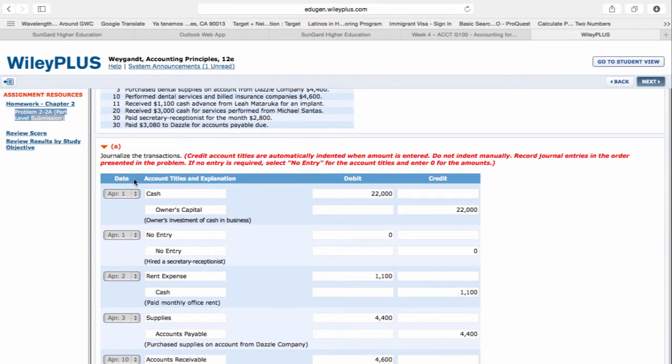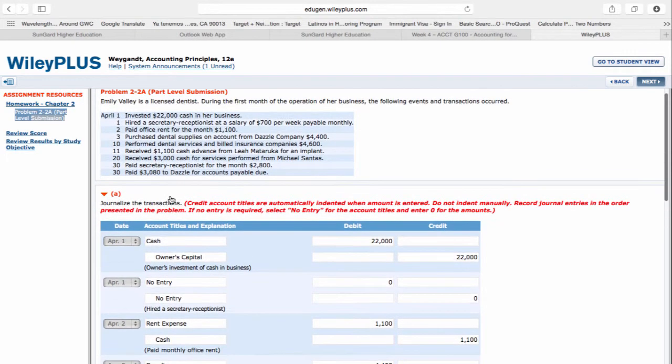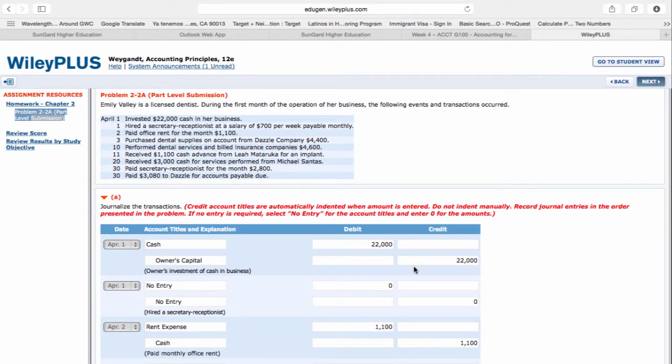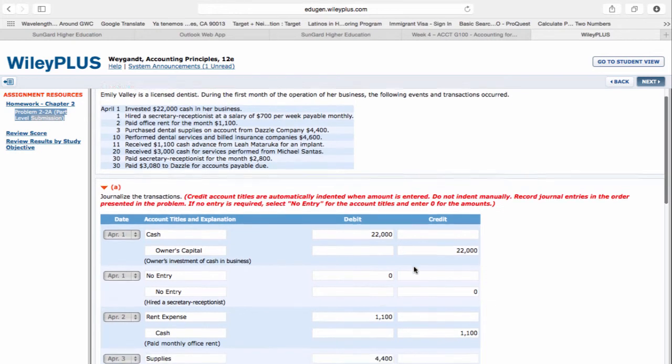You're going to be recording them as journals. So you have to determine which 2 accounts are affected and which one's a debit and which one's a credit, and you have to record it accordingly. Remember that each of you has the same problem but with different numbers. I do that on purpose so that you do not copy each other in one form or another. It's for you to be doing your own work.